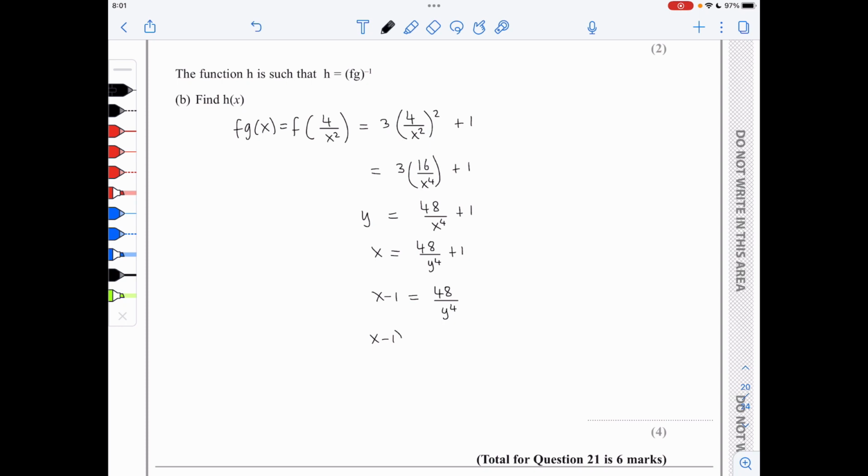So x minus 1, y to the power of 4 is 48, which leads to y to the power of 4 is 48 over x minus 1, and therefore y is the fourth root of 48 over x minus 1. My final answer would be that h of x is 48 over x minus 1, the fourth root of this.